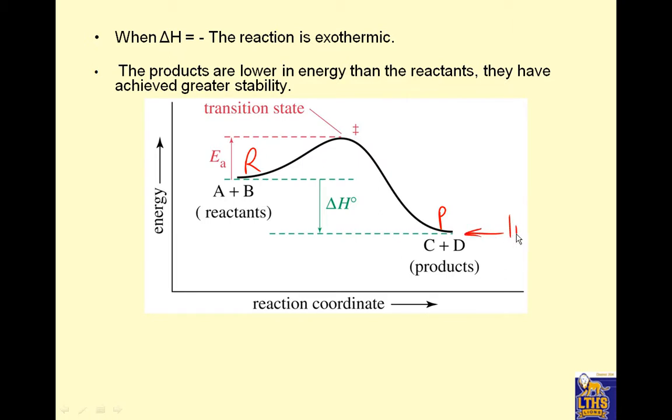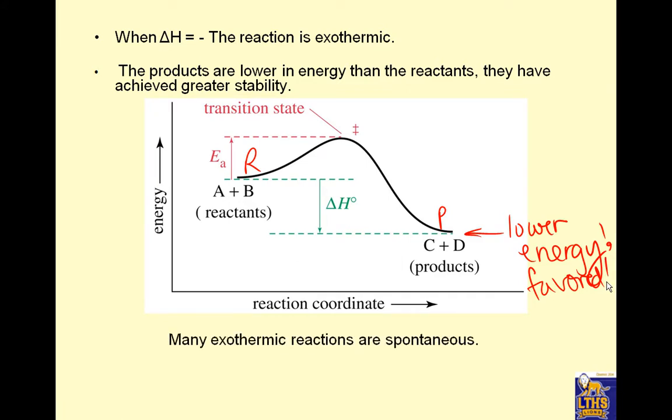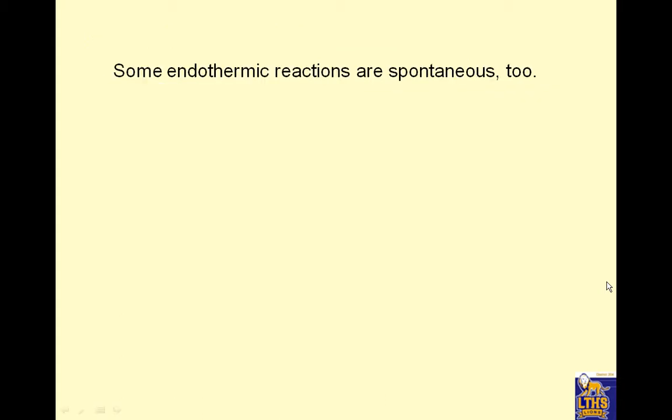This is lower energy. Lower energy is a favored direction for reactions, favored by nature. So delta H negative is favored by nature. Many exothermic reactions are spontaneous because they result in lower energy content of the products.